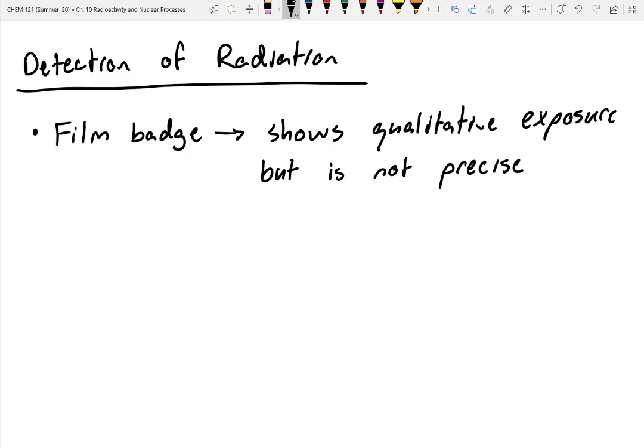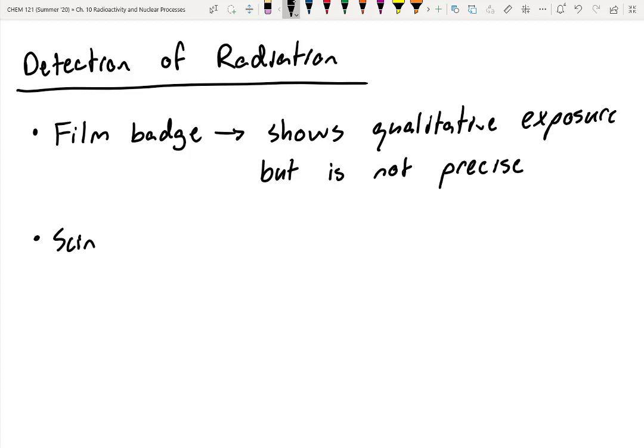So this might be good in a healthcare setting where you've got this badge that you have on your jacket, and if it gets completely exposed, you're like, oh shoot, I got exposed to something that I shouldn't have been exposed to. Or if it gets half exposed, you could say, I'm getting close to my limit. But it doesn't necessarily tell you a whole lot quantitatively, but it is useful as a cheap indicator in a healthcare setting.